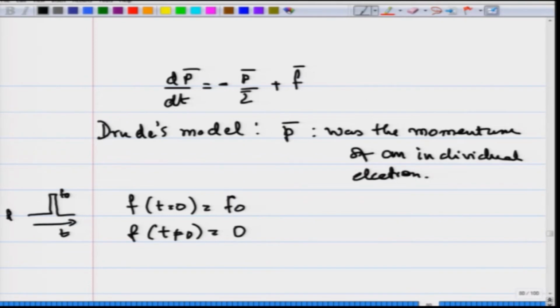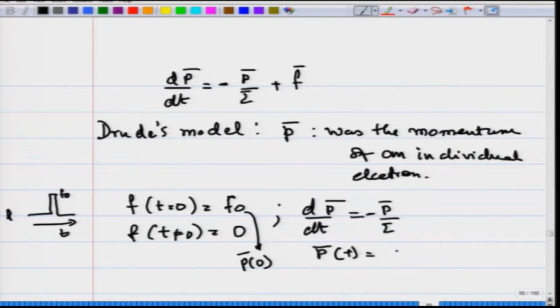In this pulse of force, look at the equation of motion dp/dt after the force. Initially, because of F0, there is a certain momentum p0 given to the particles. Each individual particle gains some momentum p0, and the momentum at any later time can be written as p of t equals p0 e raised to minus t by tau.